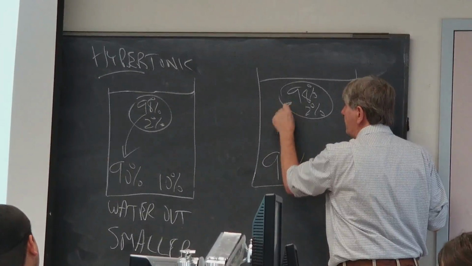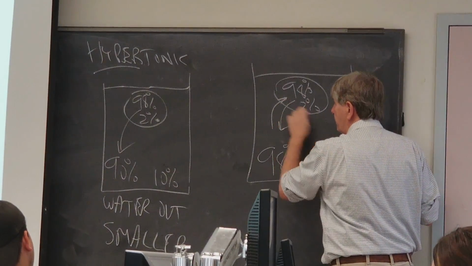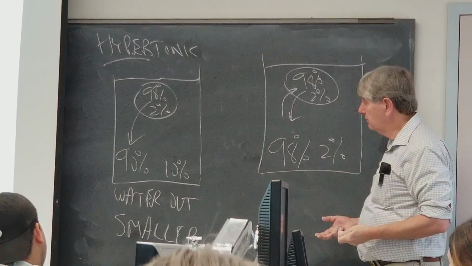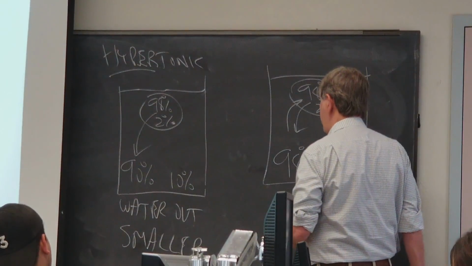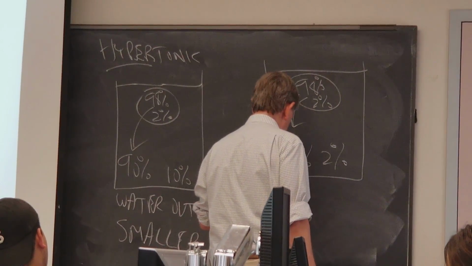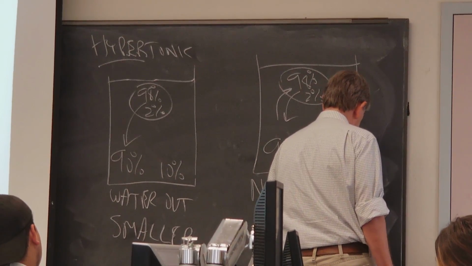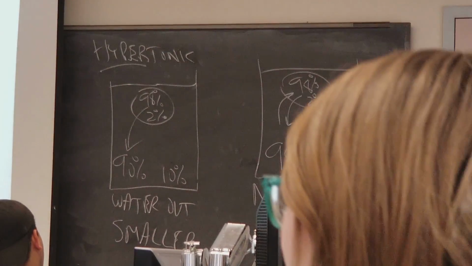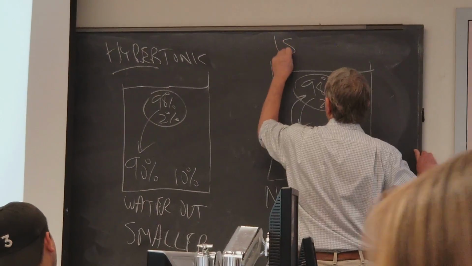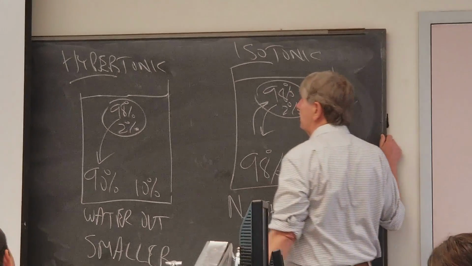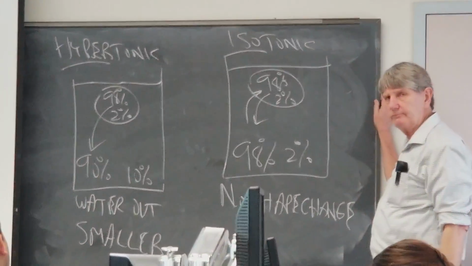We still get water moving that direction, but for every amount that moves that way, the same amount moves to the outside. Okay? And in this case right here, there's no shape change. So the cell shape, size remains the same. This one is isotonic. Okay? And again, iso means same.